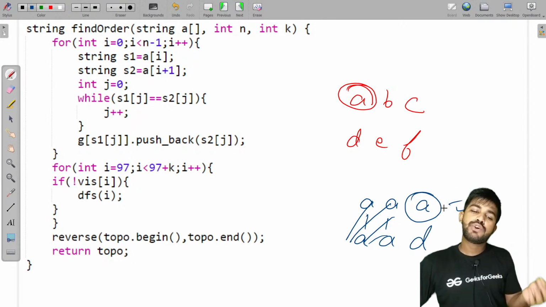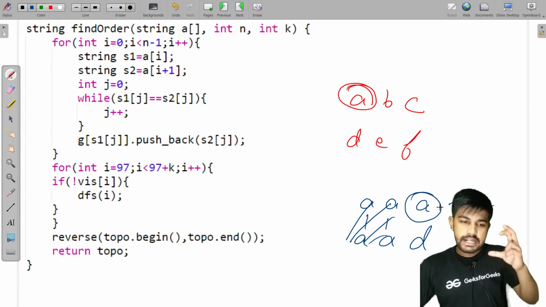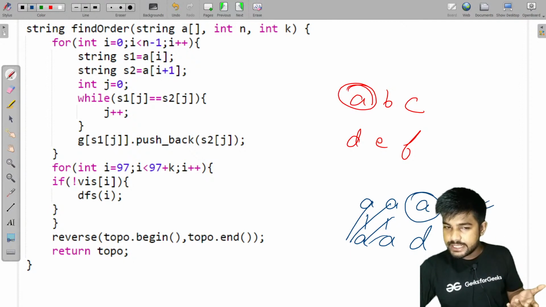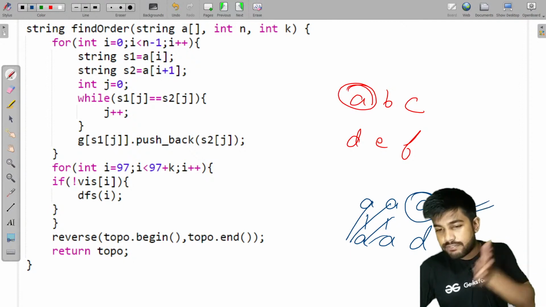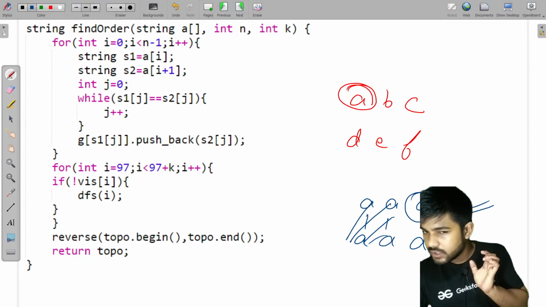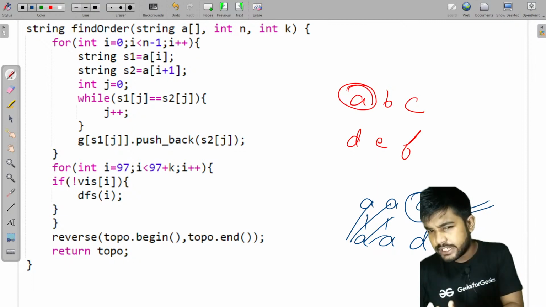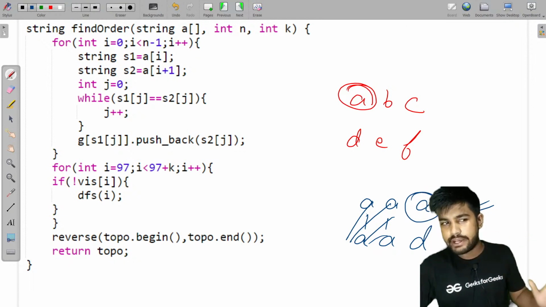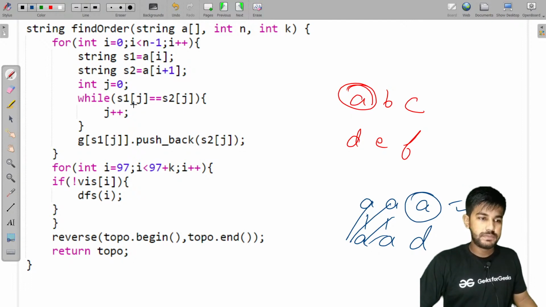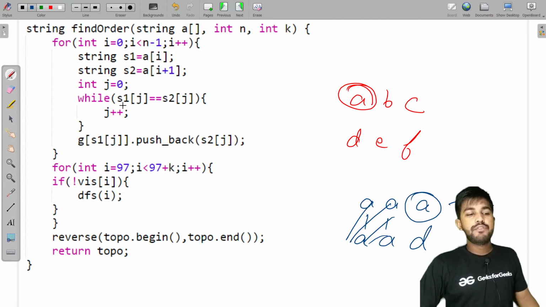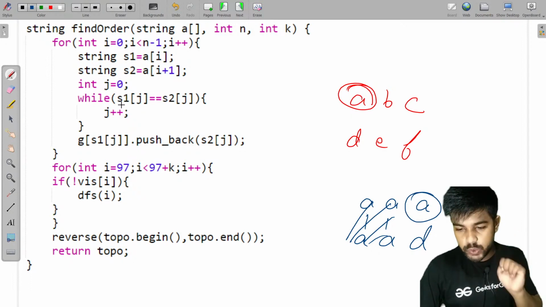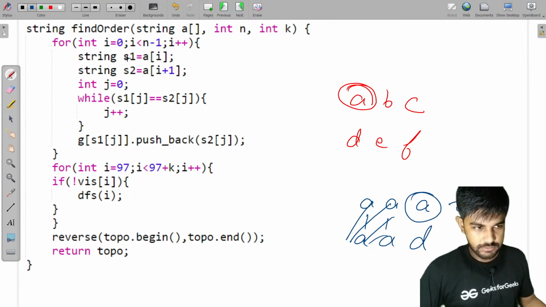So we would do the same thing. While the characters are same, we won't be considering them, and we would be considering the first character which is different. Just think about the normal dictionary and compare it and write it. Now we are comparing the consecutive two characters. This is string 1, the present string.